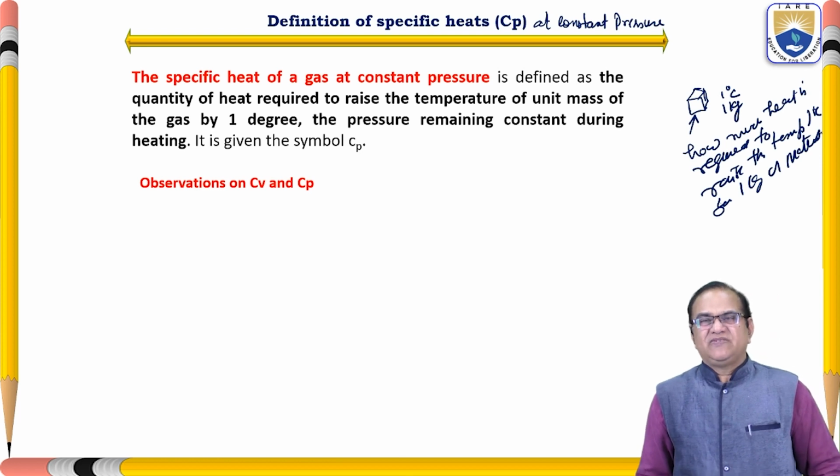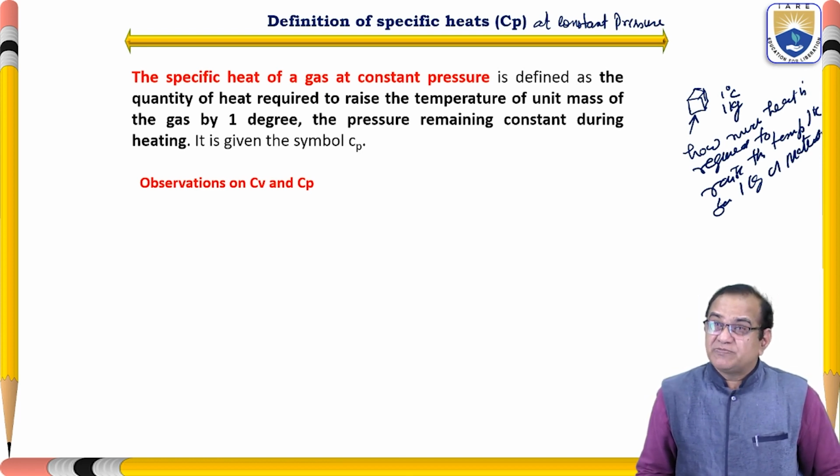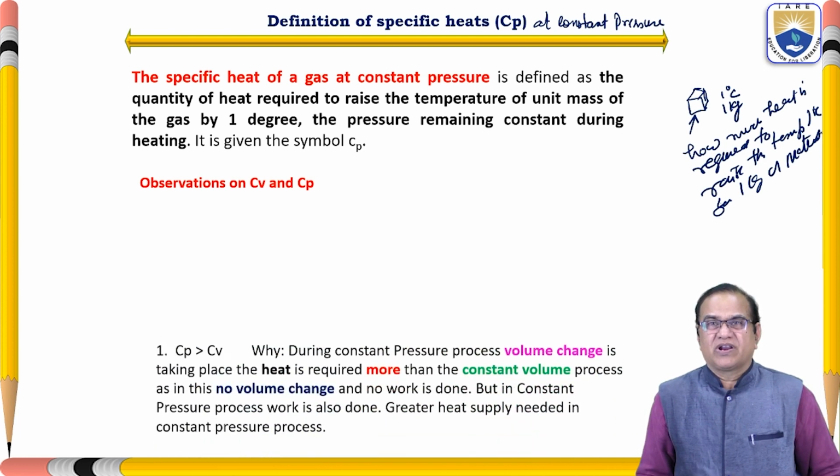Observation on the Cv and the Cp: at a constant pressure it is Cp, and at a constant volume it is Cv. In the Cv we don't have to do any work because the volume is constant, so we cannot produce any work.